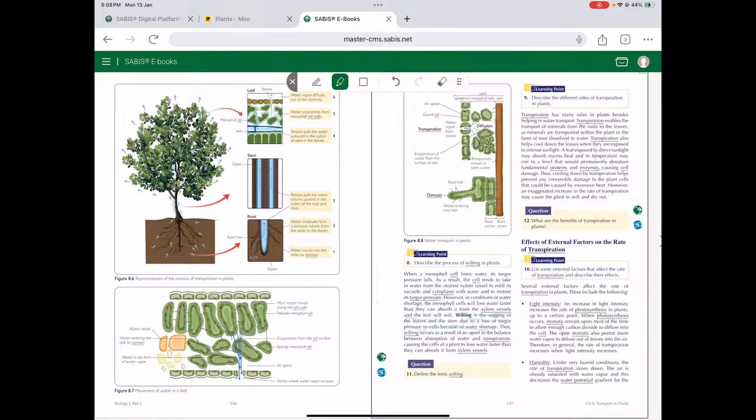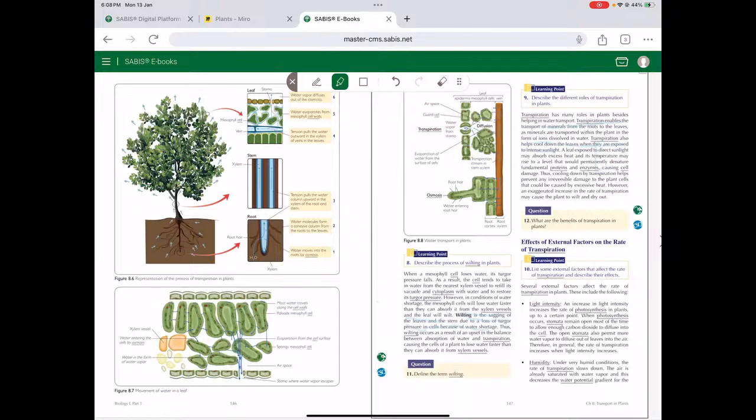And here for transpiration, they're just telling us the different roles transpiration plays in. Okay? So I'll highlight the important stuff. So it enables us the transport of minerals, and it also helps cool down the leaves when they are exposed to intense sunlight. Think about it like sweating in humans. It's not exactly the same. Of course, it's not the same.